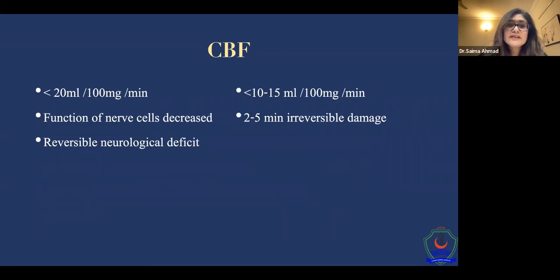When it is less than 20 ml per 100 gram per minute, the patient experiences neurological deficit and there is electrical shutdown, but the changes are still reversible. But if it goes below 10, then not only is there electrical shutdown, but there is pump failure. And if that happens for only 2 to 5 minutes, the change would be irreversible.